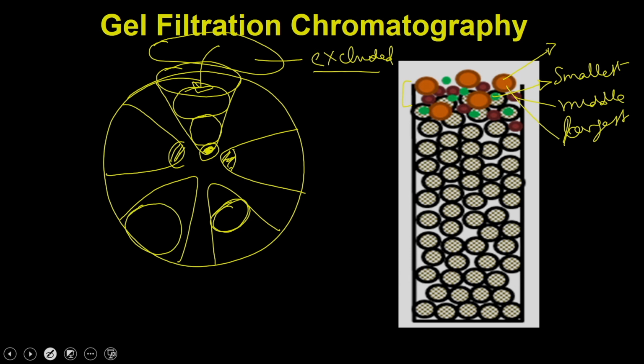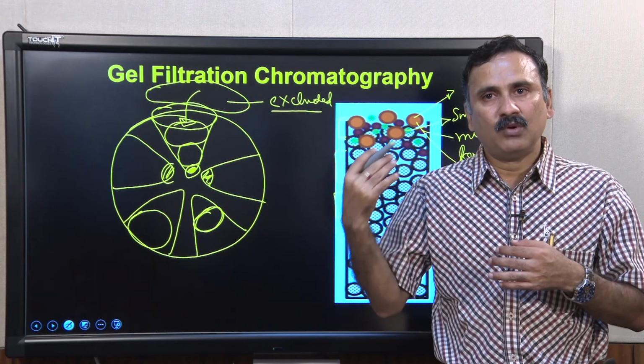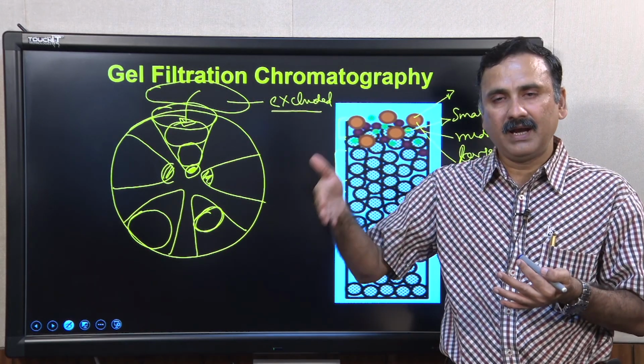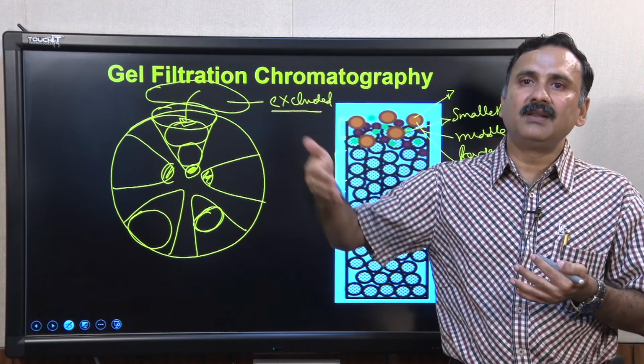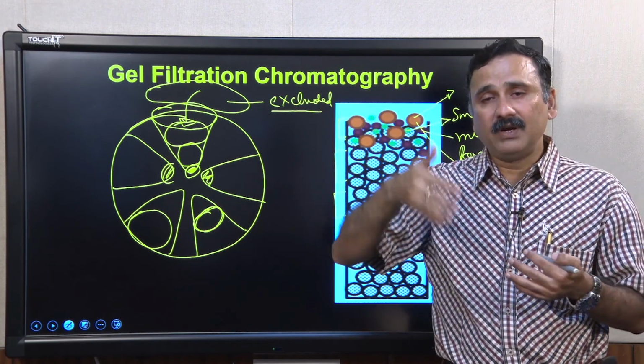This means the green ones bind into the initial few layers, the red ones bind to the subsequent few layers, and the orange ones bind into this layer. As a result, when running the mobile phase, the green, red and orange get separated as they travel throughout the column.